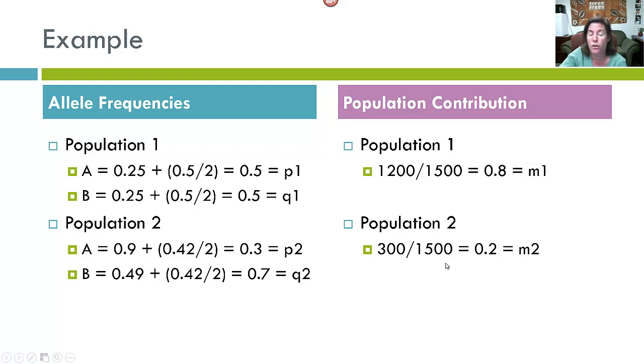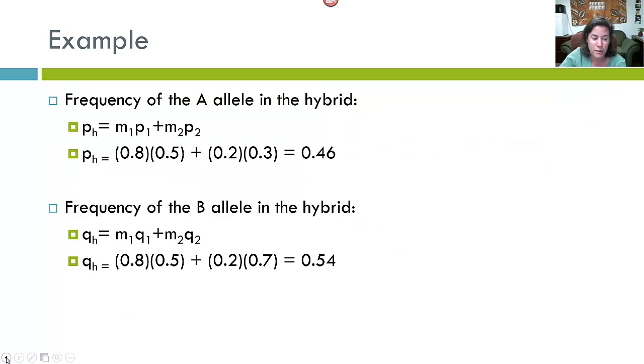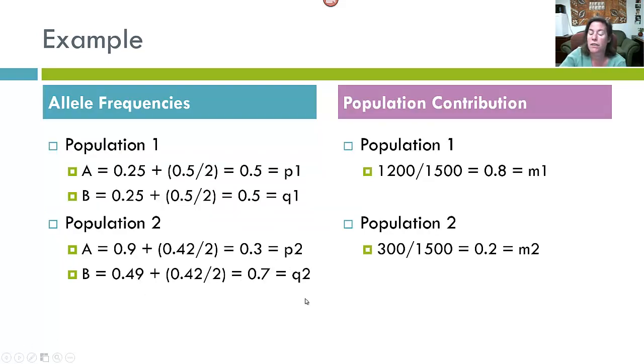We divide it by the total number of individuals in the hybrid population, and that equals 0.2, or M2. So now we have the frequency of the alleles in population 1, the frequency of the alleles in population 2, and the relative contribution of population 1 and of population 2.